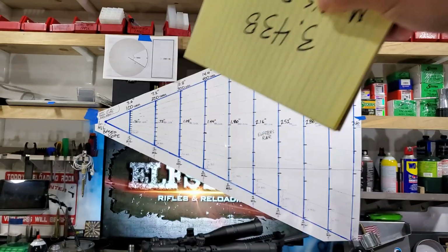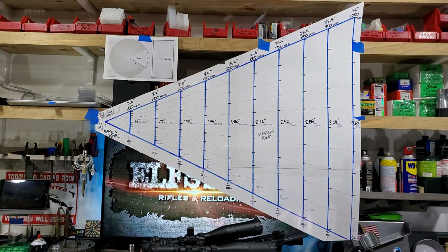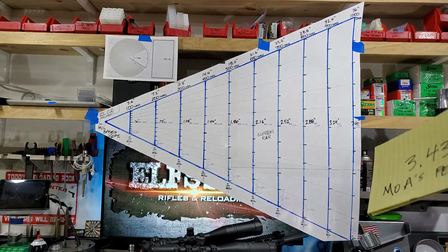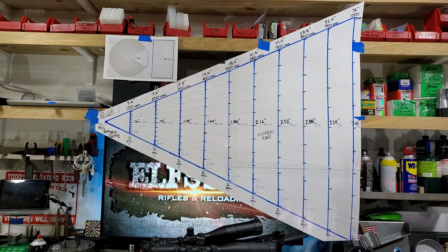So regardless of what yardage you're shooting at, if you need to adjust 2 minutes of angle, it's just 2 minutes of angle. It's independent of what yardage you're shooting at.